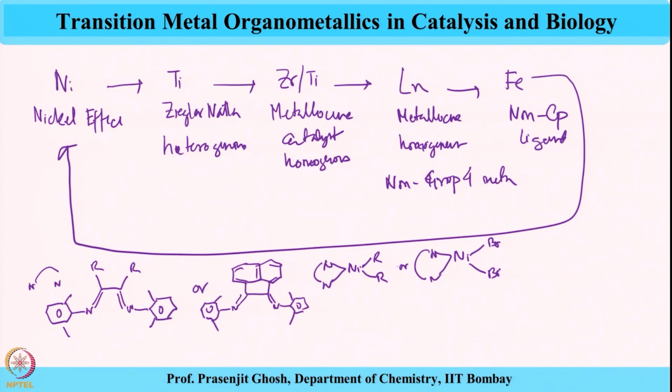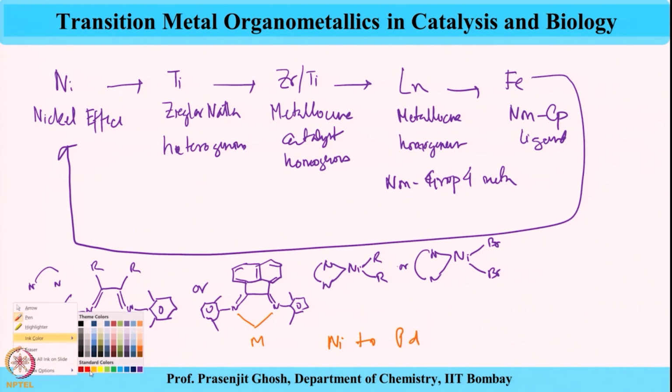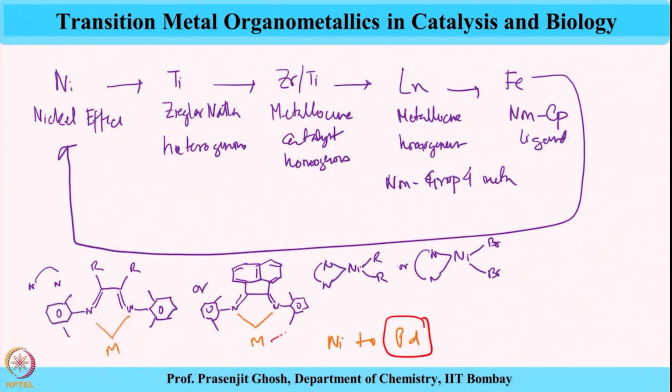Now, there is another interesting discovery which changed the field in a dramatic way. When the metal bound to this ligand is changed from nickel to palladium, there is a startling discovery: one can do polymerization of olefin with functional comonomers.